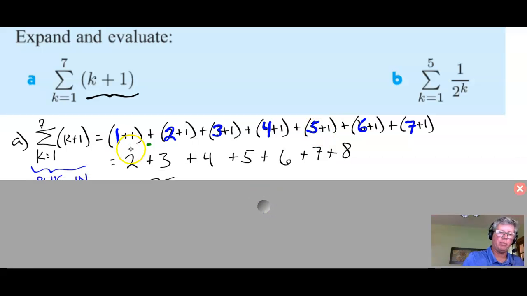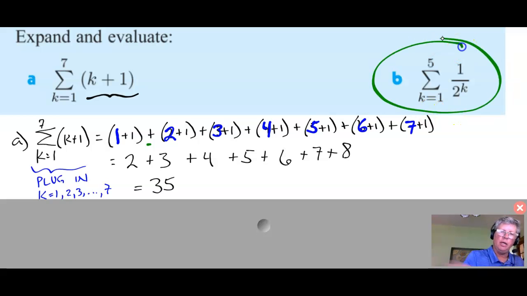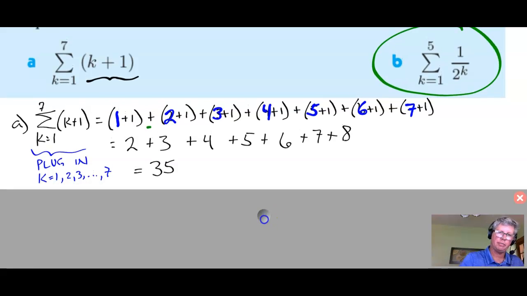If we evaluate 1 plus 1, 2, 3, all the way up to 8, and then we can add it up. So when we say expand and evaluate, all we're saying is plug in those k values and then evaluate and see what it is. All right, I'll bring your attention to this one. That is neither arithmetic or geometric. I lied. It's geometric.